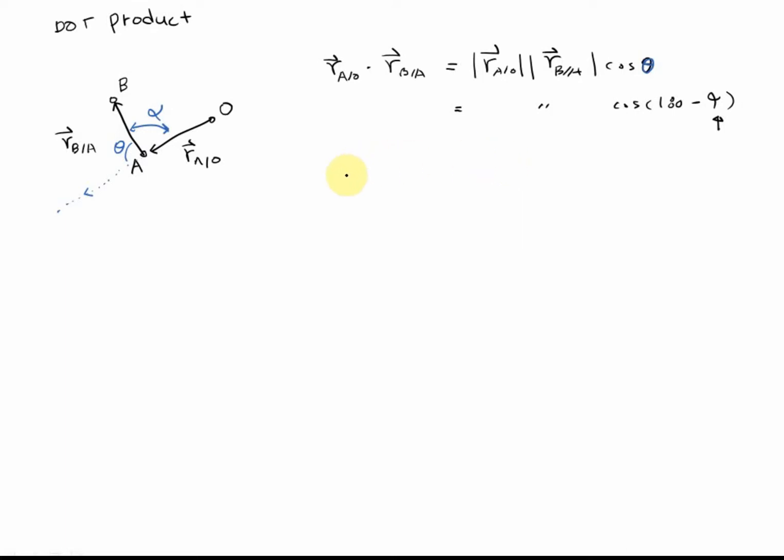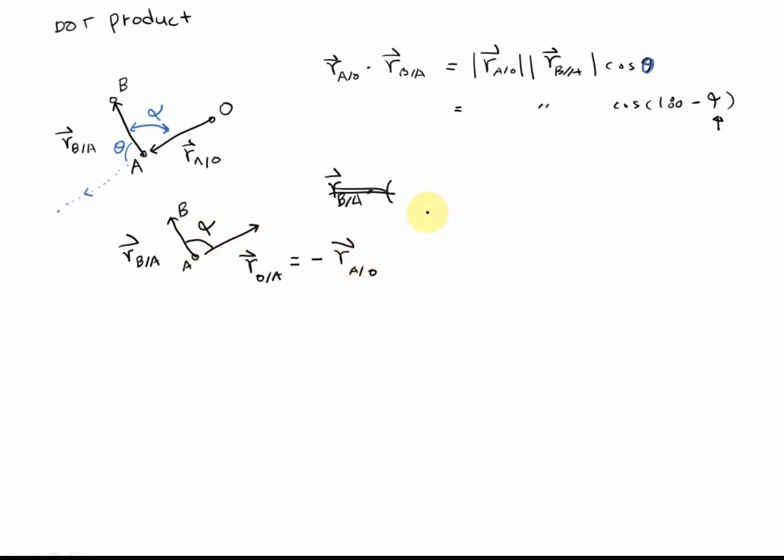Or maybe you can think about this vector like this: if you reverse the first vector, so this is R_O/A, and this is R_B/A, you reverse the direction. So this is the same as negative R_A/O, right? So in this case, if you reverse it, you know that the angle between them is alpha.